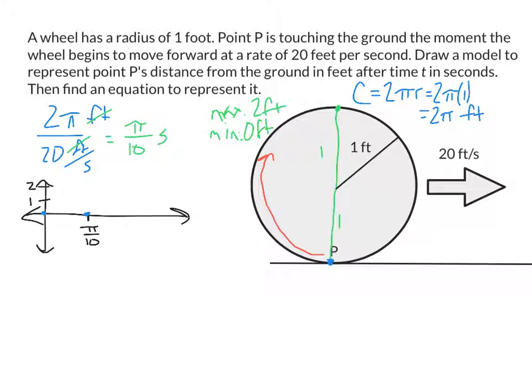Exactly between those is half of pi over 10, which would put it at pi over 20. And right there at the halfway rotation spot is when it's going to reach its maximum height. So exactly between those is when it's going to reach its average value of 1.